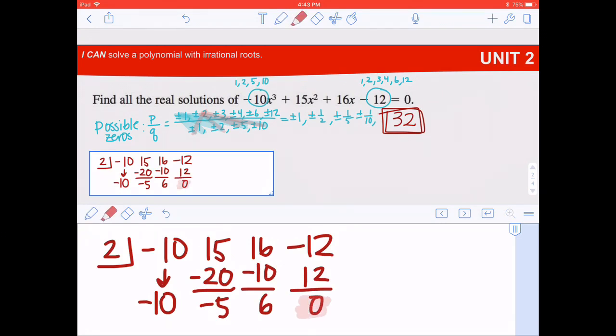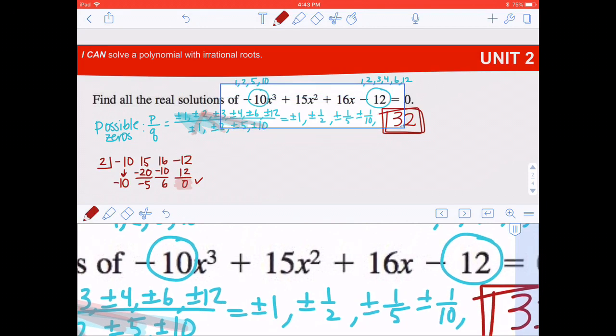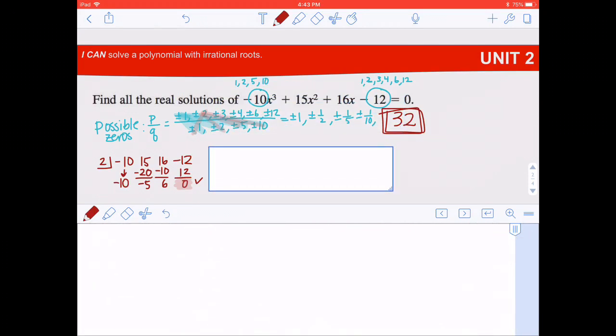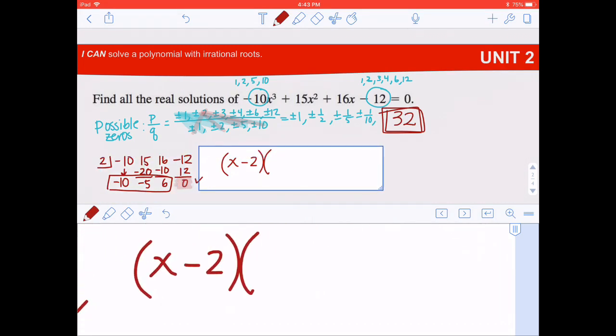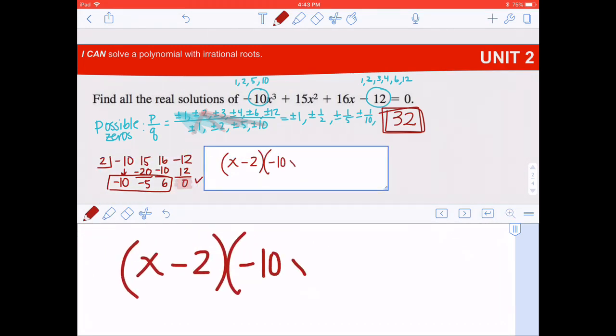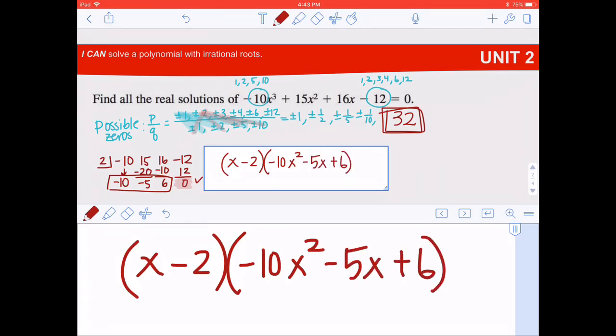This is exactly what we were looking for. We wanted a remainder of 0 because that means 2 is a factor. So we can take this polynomial and break that down into x minus 2, and the other part is what was left over right here, which is negative 10x squared minus 5x plus 6.